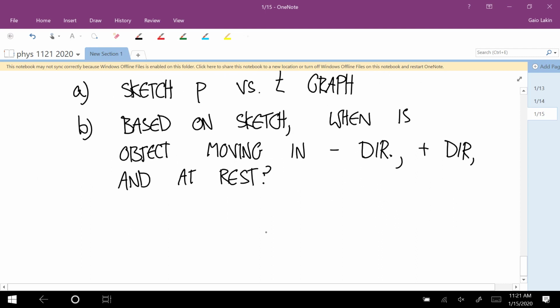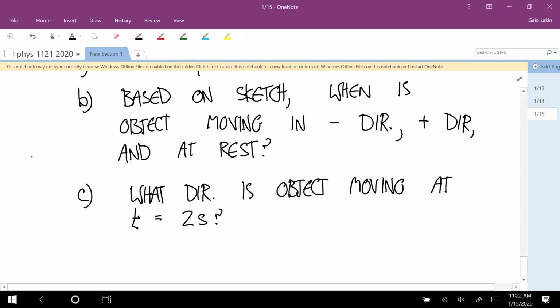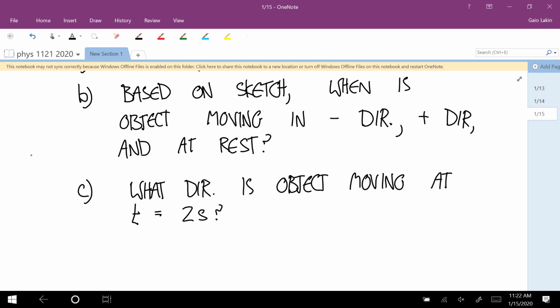Okay, and then we'll figure out what direction the object is moving at the instant t equals 2 seconds. And actually, might as well just calculate the velocity at that instant.